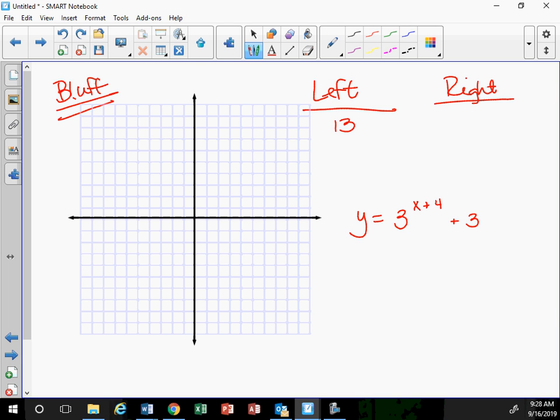Three to the x plus 4, plus 3. Remember, everybody should do it in case you can steal.